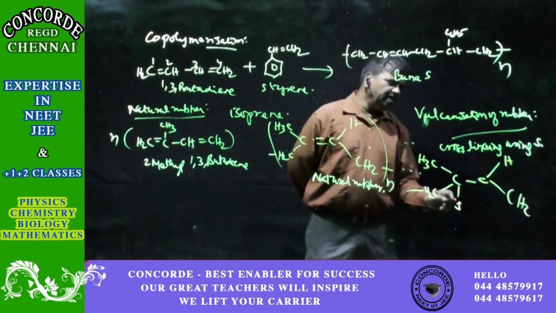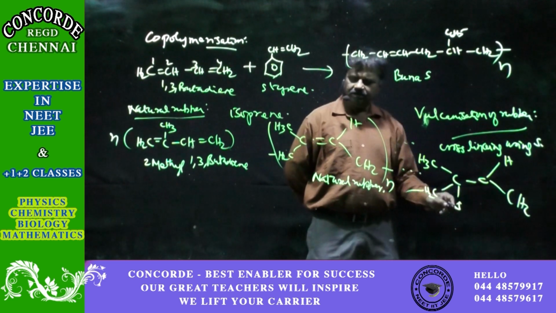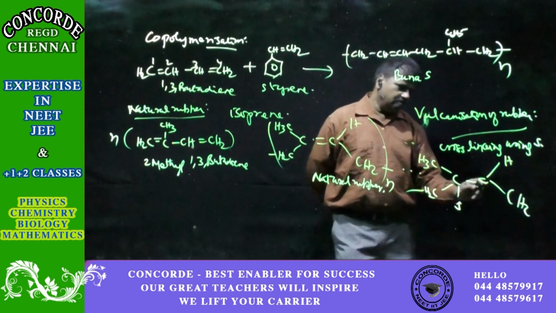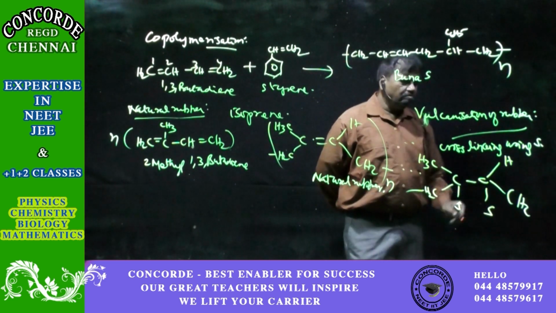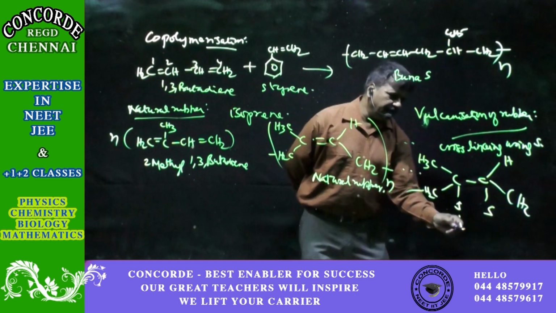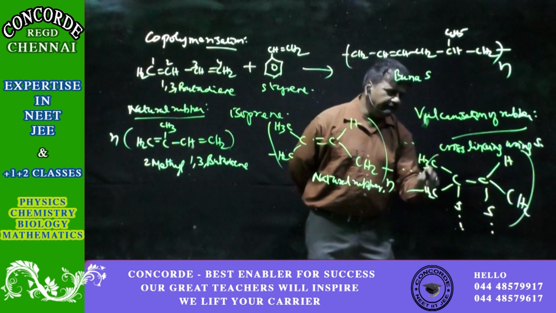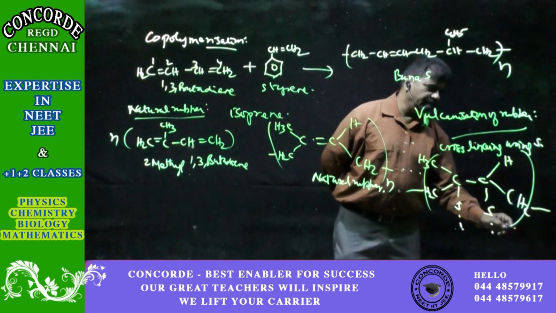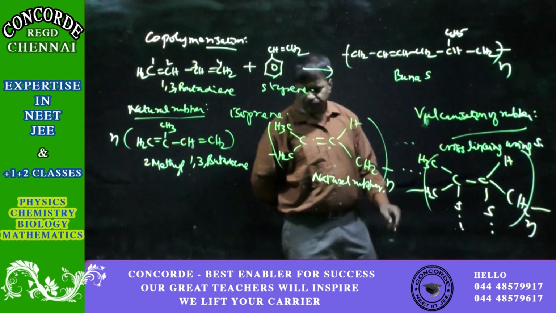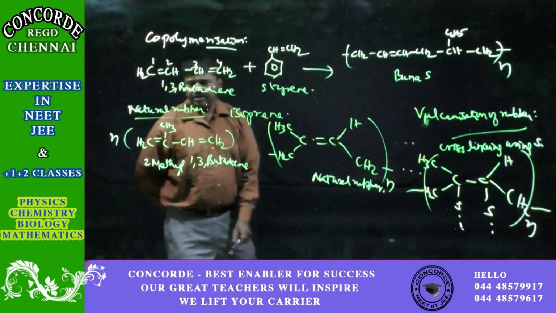There can be one single S or there can be another. So like that these units get repeated in all the directions, giving them the required strength. So this is called the vulcanization of natural rubber.